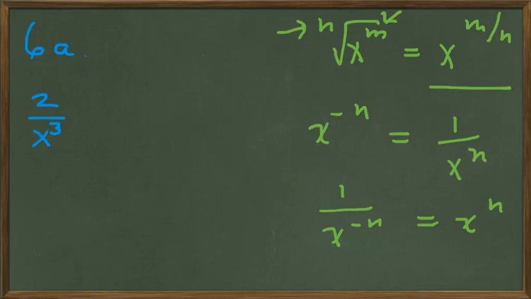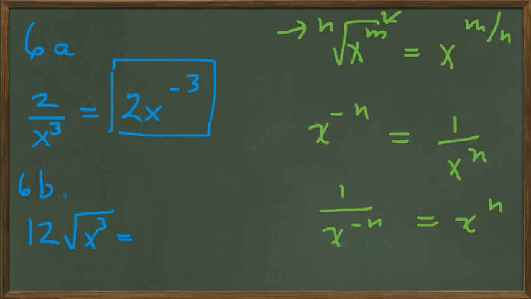The instructions in this problem are not to have any denominators, so we would rewrite this one in its negative exponent form as 2x to the minus 3, moving the 3 up as a negative exponent. In 6b, we're using this rule for roots and powers to rewrite this as 12.